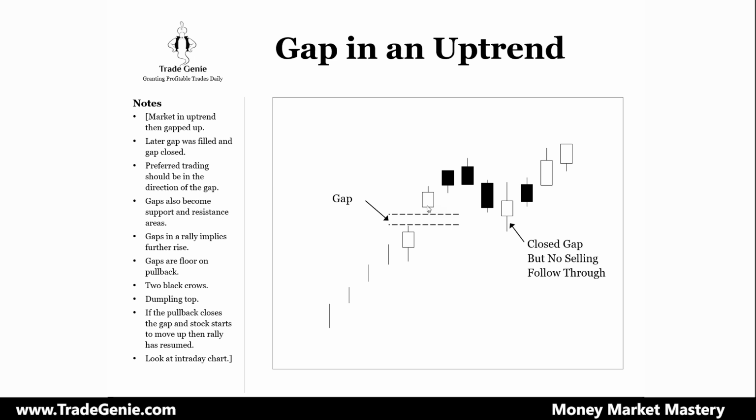Psychologically, if you put yourself in the shoes of the other traders, you look at this gap and say, "Damn, this stock gapped up. I wish it comes down so that I can buy at the same price as these traders bought."